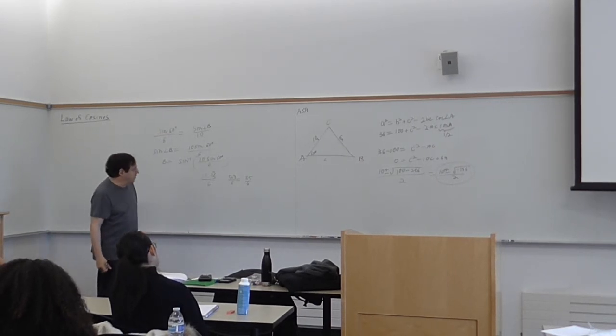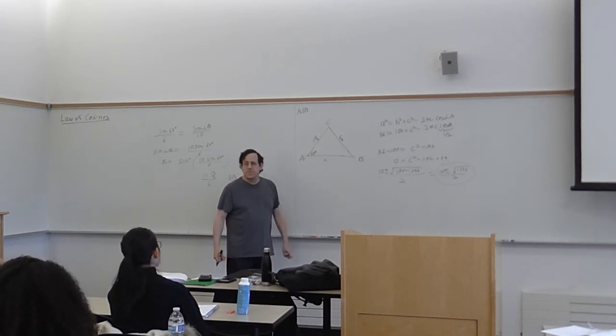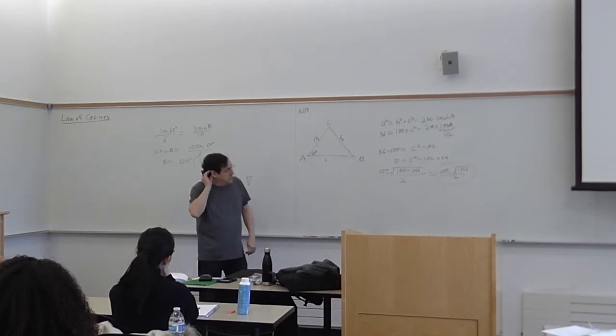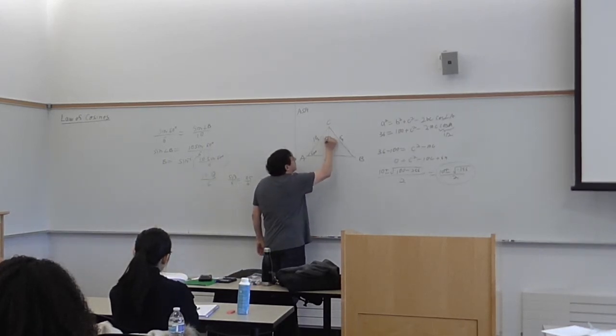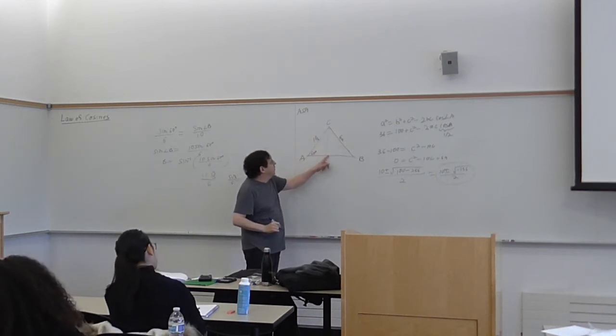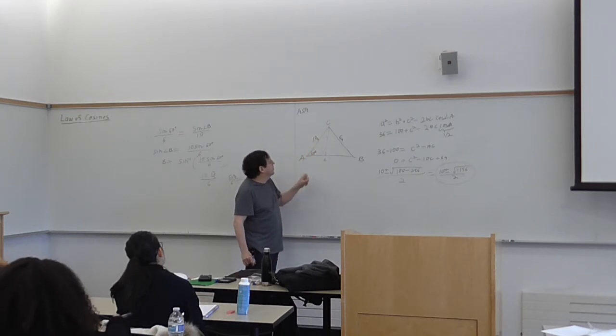So now we have to go back and think, what's wrong with this? Is it because we can split the triangle in half? Well, here's a good question. What is the height of this hypotenuse? This is a 30, 60, 90 triangle.